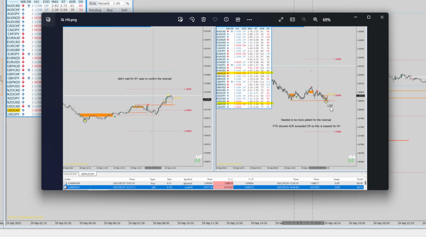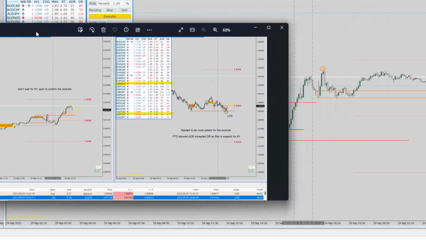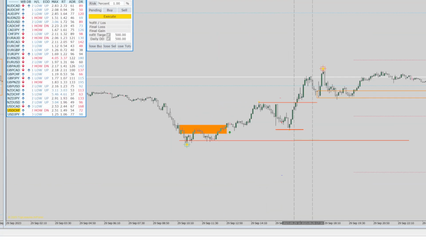And here I am. I was like, I need to be patient, because I knew this is what I was looking for. And the system said, okay, this thing should play out nicely. And yeah, it did. Both of these actually played out nicely. And I did go back into both of these trades. Okay. And I'll show you here in just a second where.